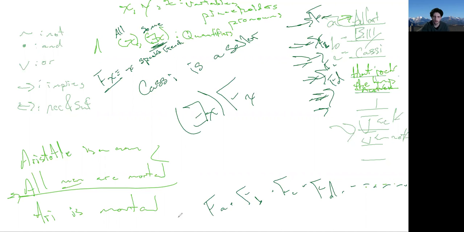So for all is just going to be a giant conjunction of everybody. There exists is going to be kind of the flip of that. It's just going to be the or.